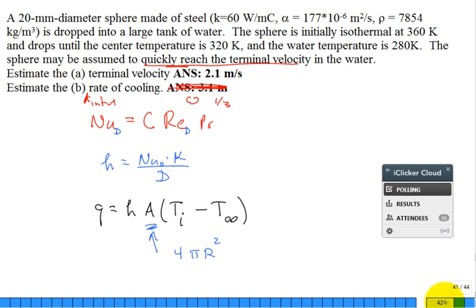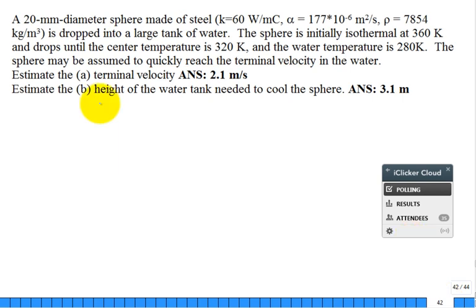The next question is, what is the height that the water tank is needed to cool the sphere such that the center temperature drops from 360, the initial uniform temperature, down to 320? This is a challenging problem.